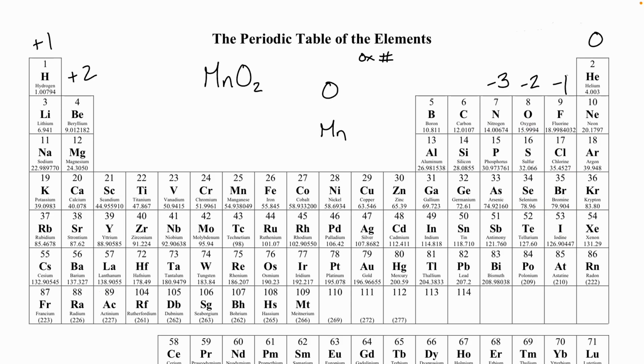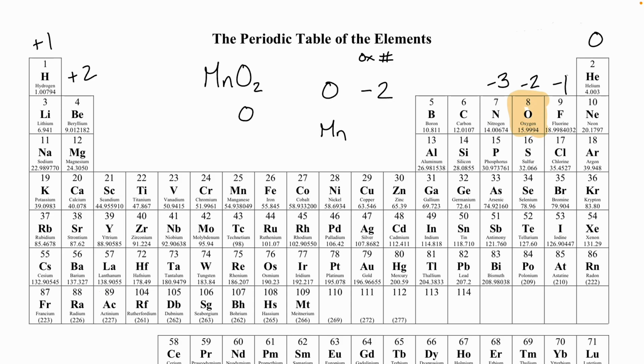Oxygen. And how can I tell what oxygen's oxidation number is? Because it lives right here on the periodic table. All right, so that's going to be -2. Now we got to use this formula to work backwards and figure out what our manganese ion's charge is.